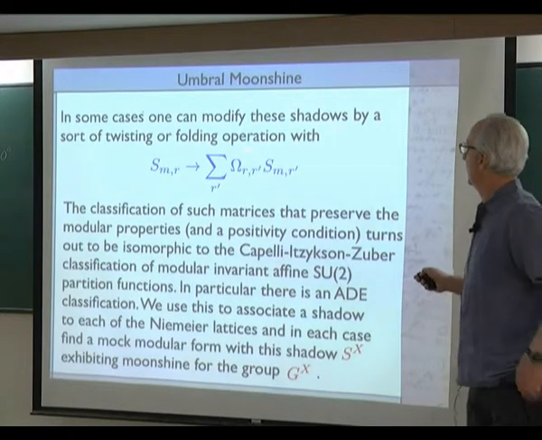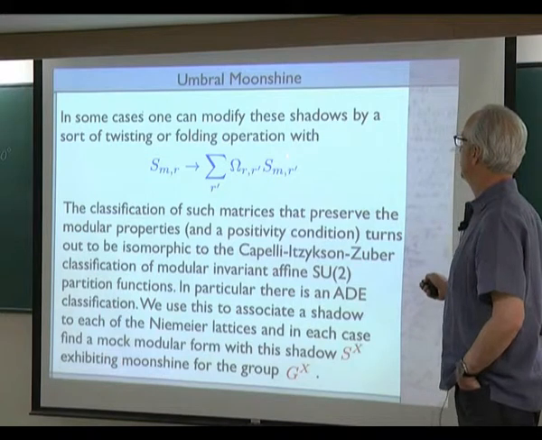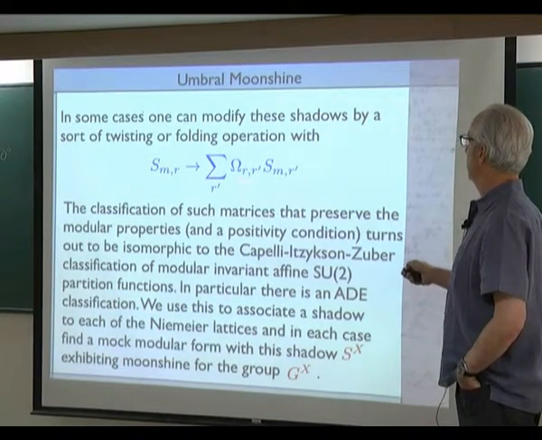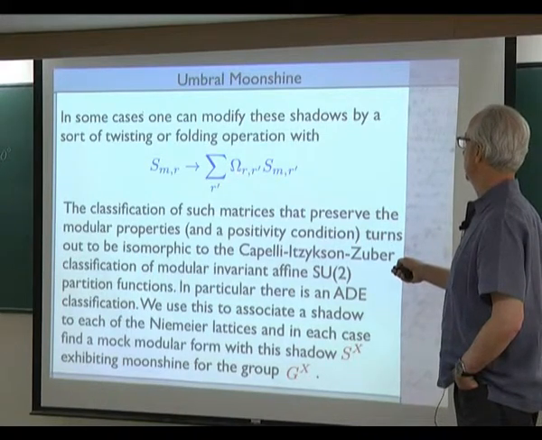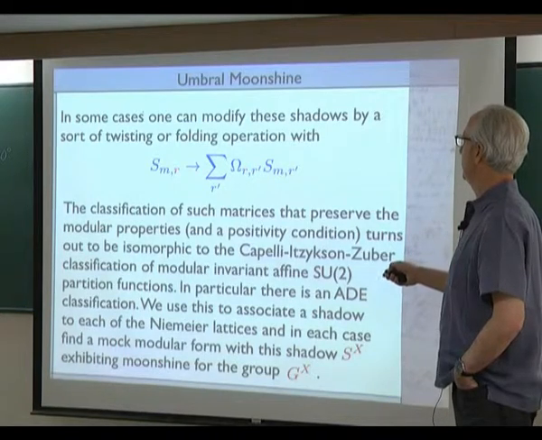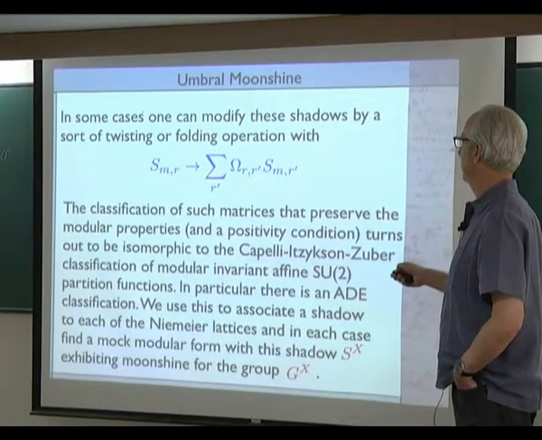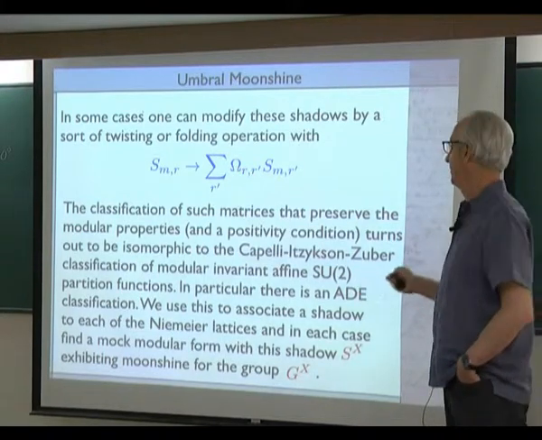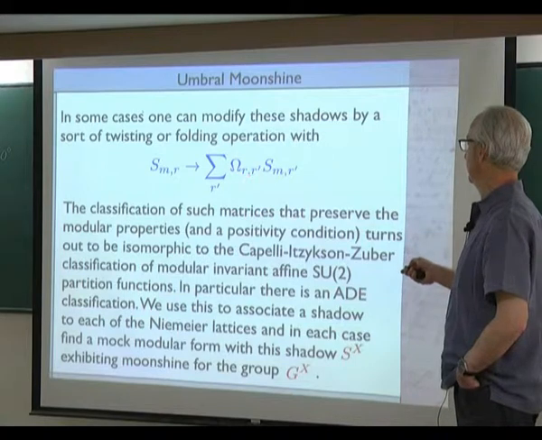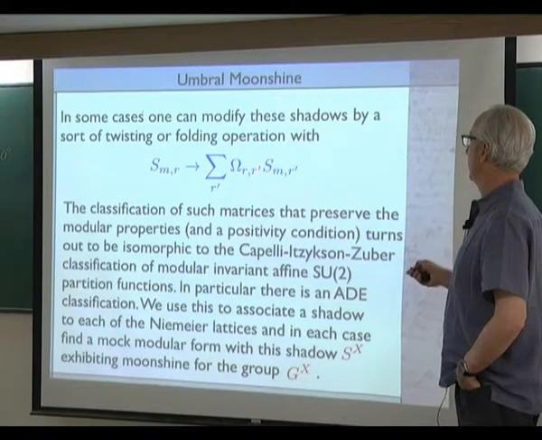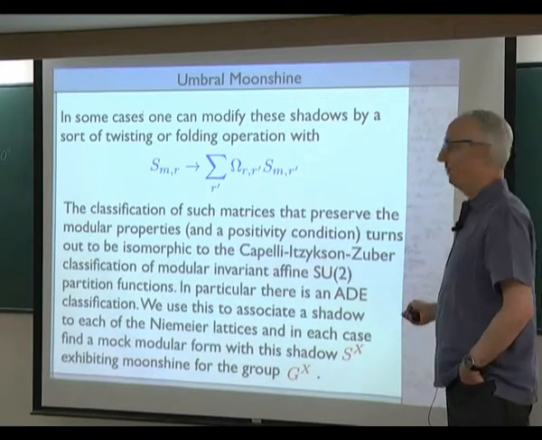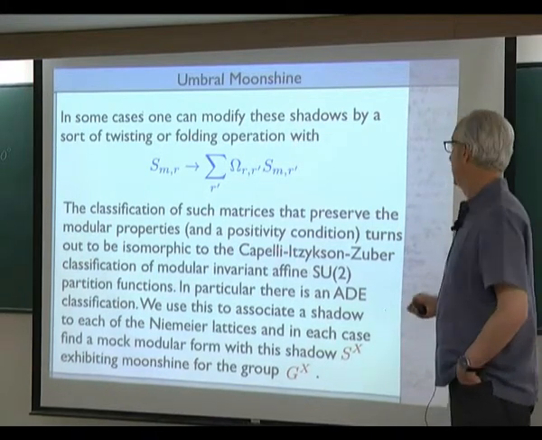Now, in some cases, one can modify these shadows by a kind of twisting or folding operation. Take the shadow and take linear combinations with some set of matrices and demand that these matrices be such that the modular transformation properties of S are left invariant, and also impose a certain positivity condition, which is analogous to the positivity condition that one uses when one tries to modify the partition function of affine SU2 or minimal model conformal field theories.